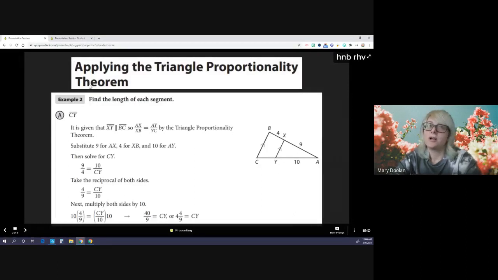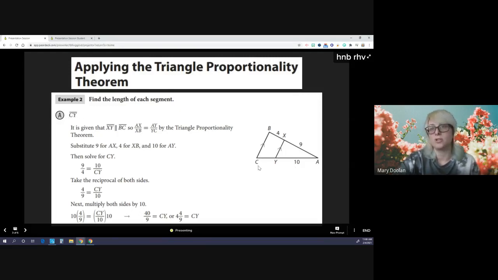So here we are on our third slide already, halfway through. Applying the triangle proportionality theorem. This is an example where we can use it to find the length of a segment. The segment we are going to find is the length of CY.